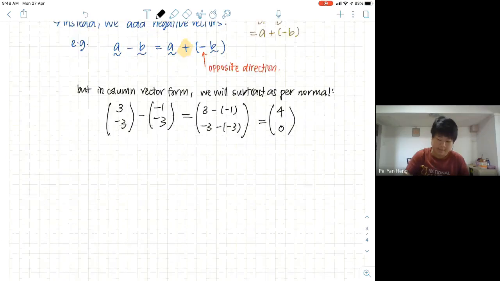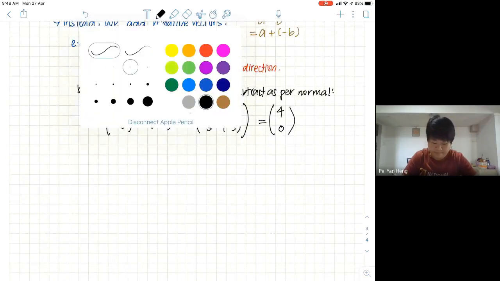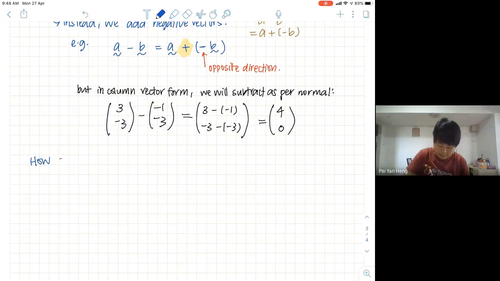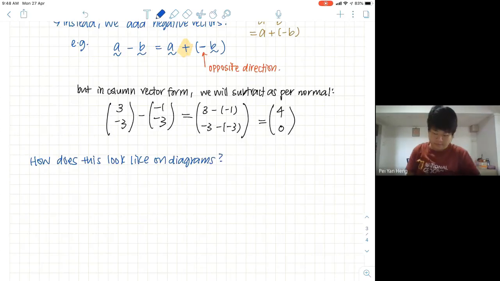So how does this look on diagrams? I give you an example here.